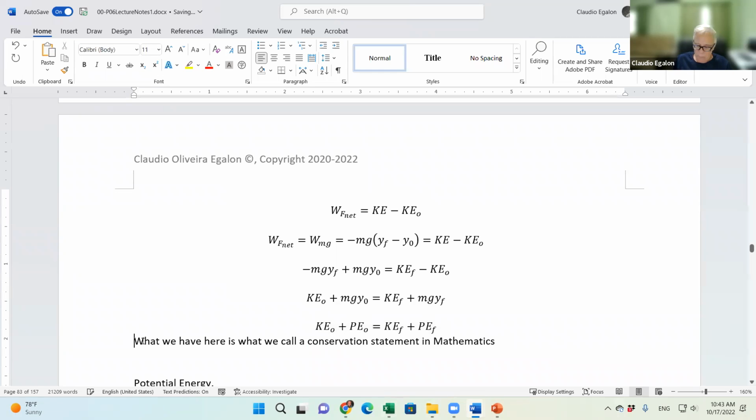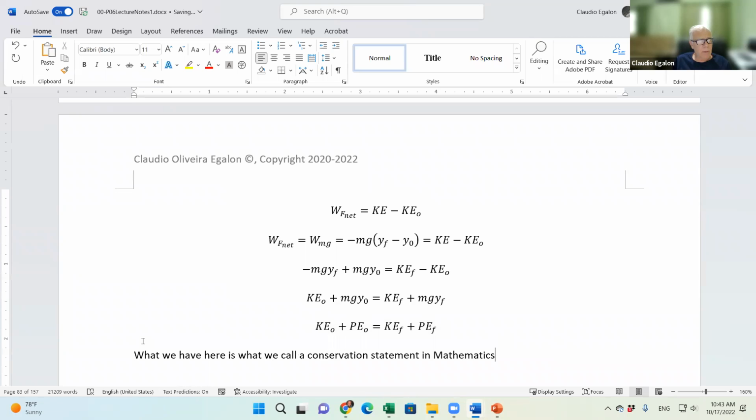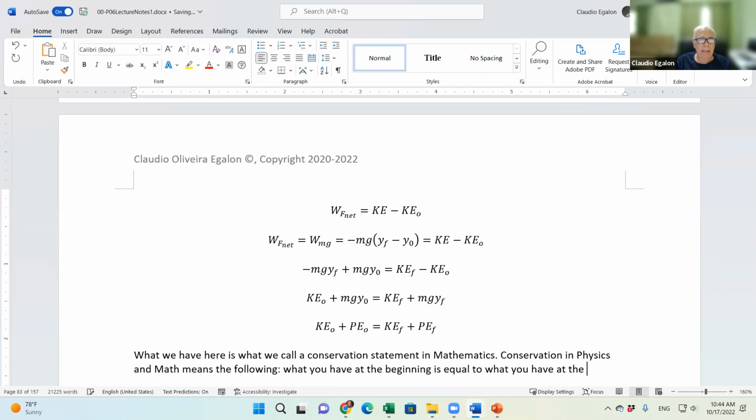Okay, so what does conservation mean? Conservation in physics, and of mass, means the following: what you have at the beginning is equal to what you have at the end, okay?